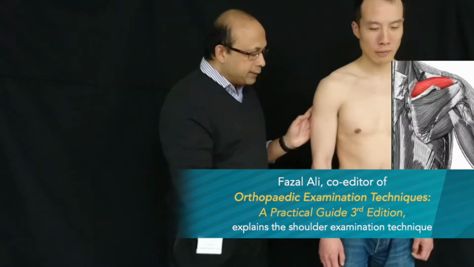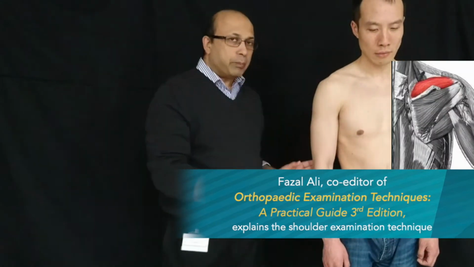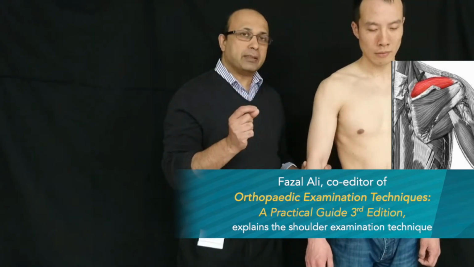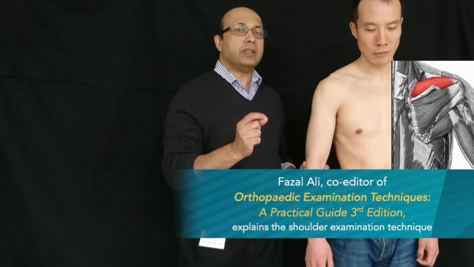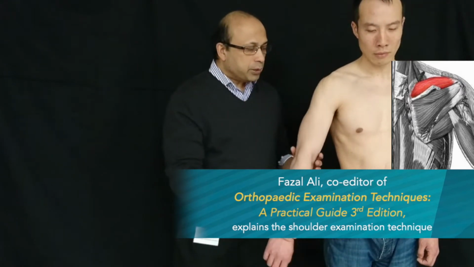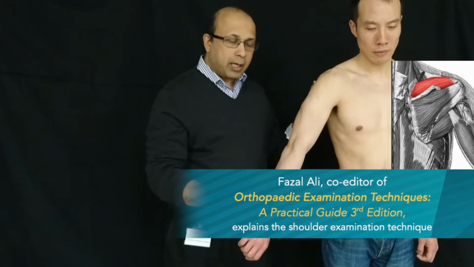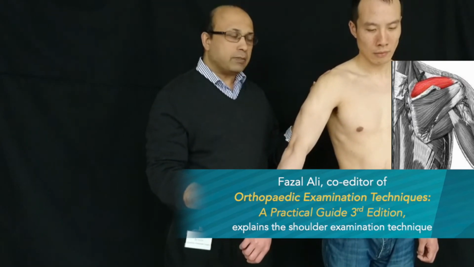For supraspinatus, remember shoulder abduction is the action of deltoid and supraspinatus. So you have to take deltoid out of the equation. To do that, you put the arm in the direction of the supraspinatus fibers.